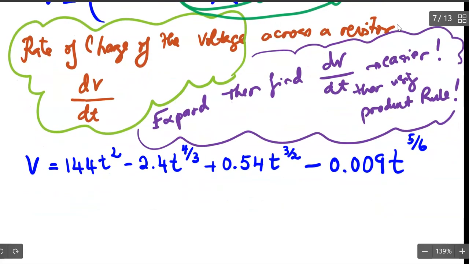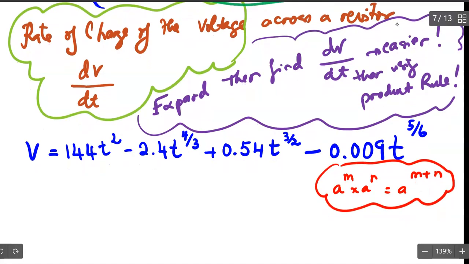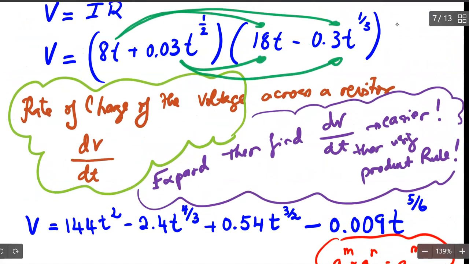Just to remind ourselves of this formula: if we have two powers with the same base and we multiply them with each other, we add the two exponents. Let me write it again: a^m times a^n is a^(m+n). So why do I have t squared?